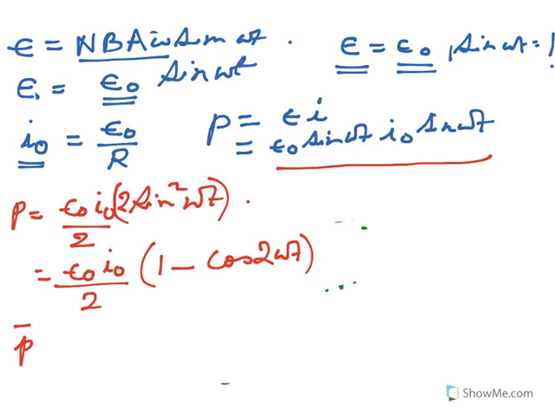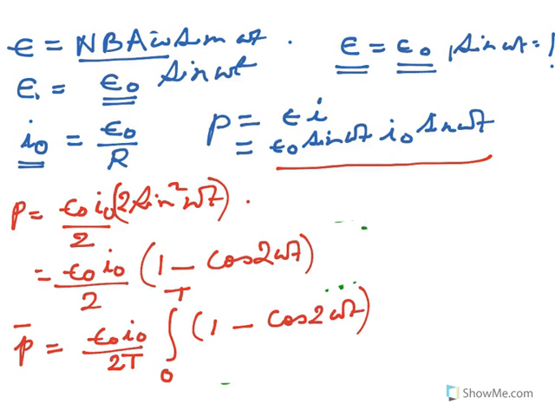So average power can be written as E0 I0 by 2, integrating over a time period 0 to T and dividing by T, of 1 minus cos 2 omega t dt.